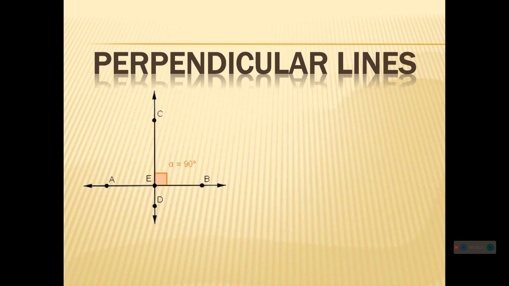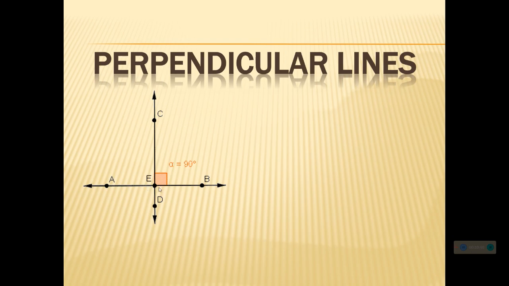Okay? So for the example of the perpendicular lines, we have here line AB is perpendicular to line CD, and as they intersect, the lines form the right angle here. So that's why we have here 90 degrees. Not only one right angle, but we have here 4 right angles.